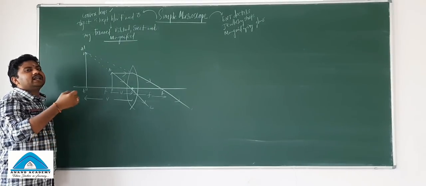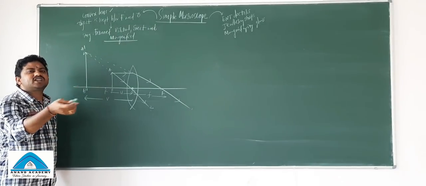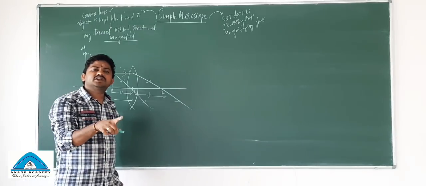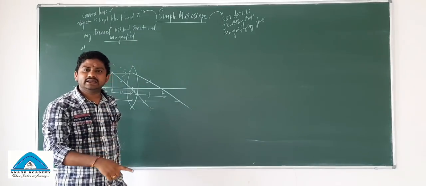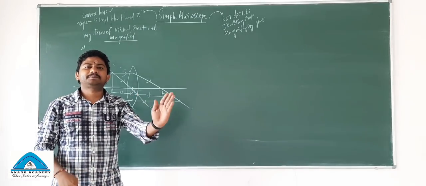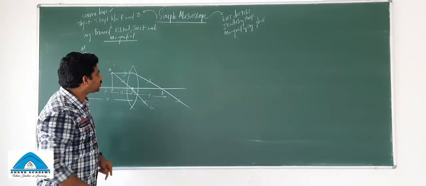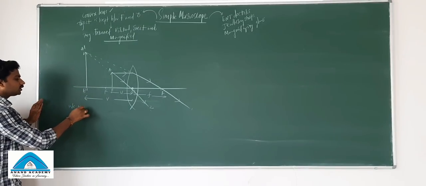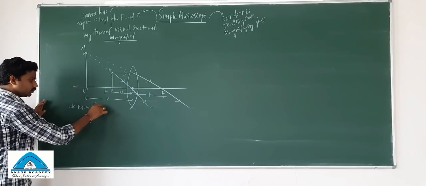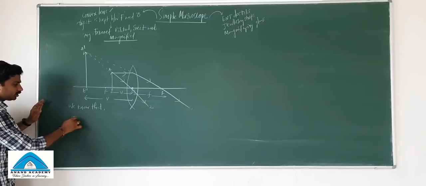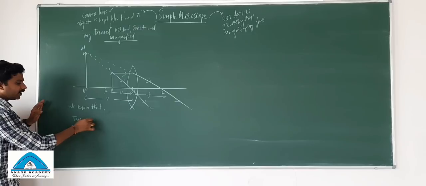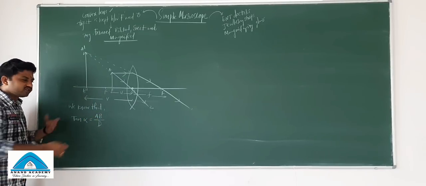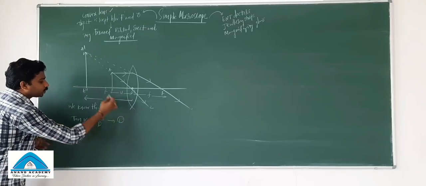You know the angle made by the object on the lens when we are observing with our naked eye, object is kept at D. We know the concept, I'm writing here, tan alpha is equal to AB by D. This we already know, it's called equation 1.